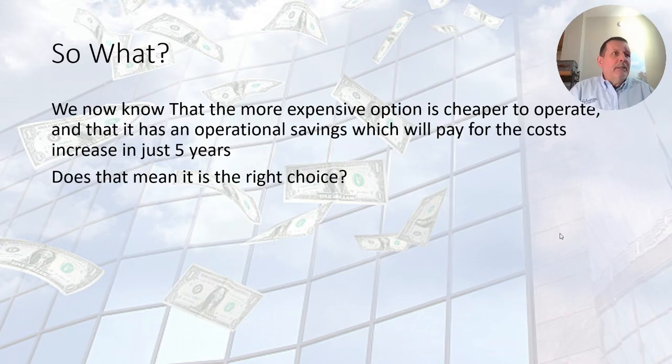Let's just say it's the same thing, but it's a different piece of equipment. Let's just say it's a piece of kitchen equipment. Let's say it's a flat top. Same amount of money. Well, $20,000.